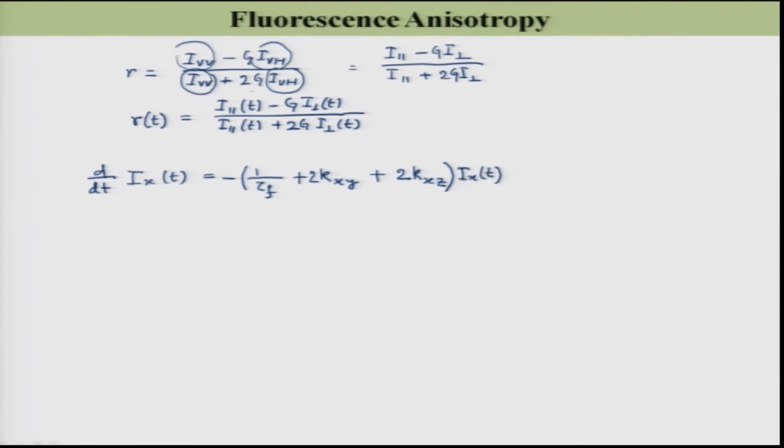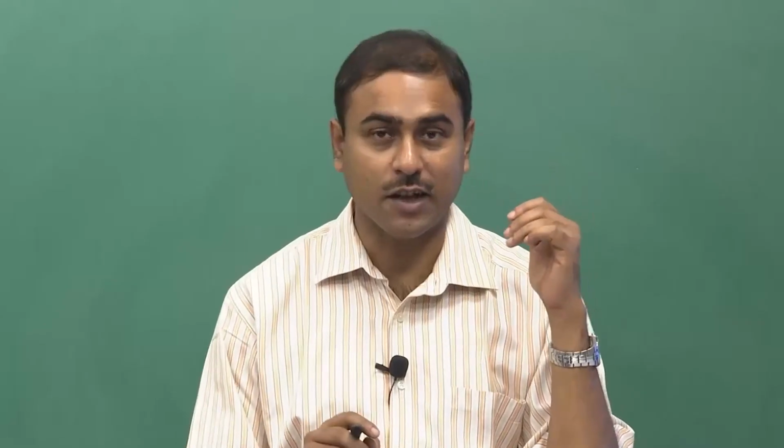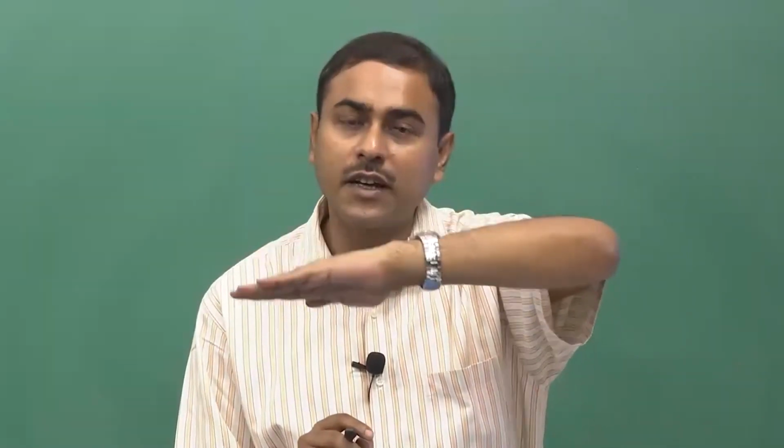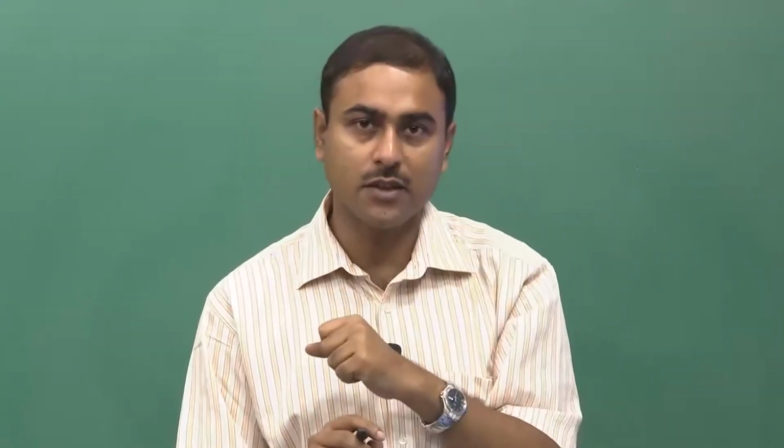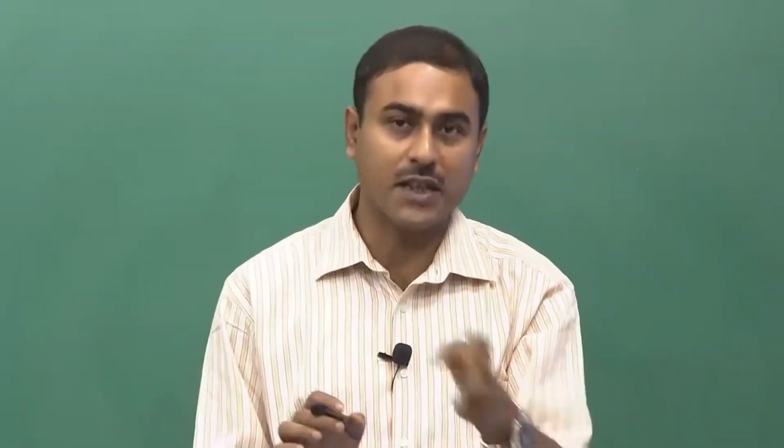So, this is my deactivation, but I have said that I have excited with arbitrary polarization of excitation. So, these molecules are excited, these are excited, these are excited. When these molecules are excited, they can also come back to this x axis, y to x, and then it will contribute to the fluorescence intensity along the x axis. So, I should also write this as a plus term over here.